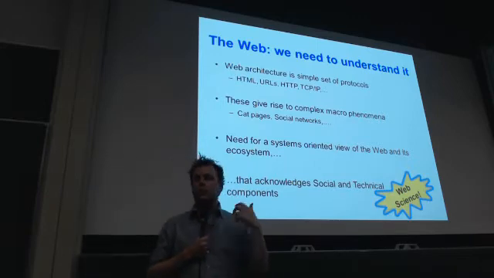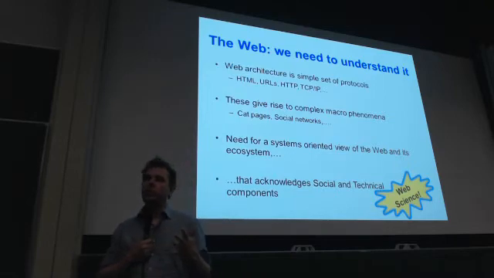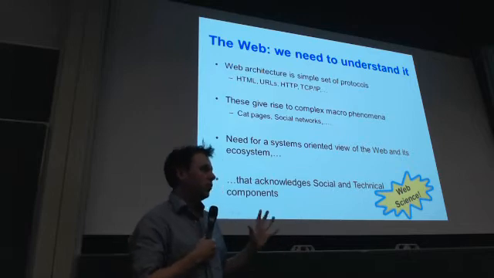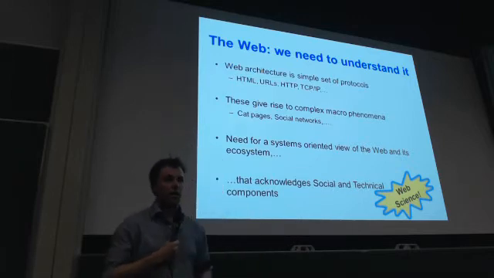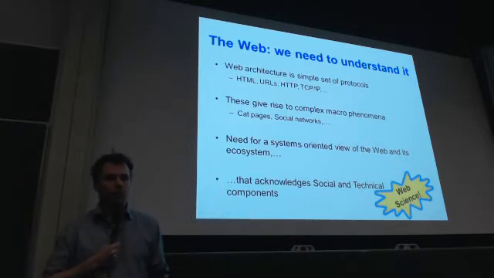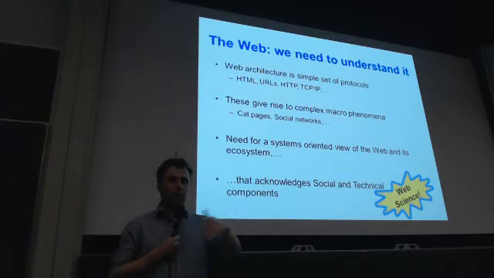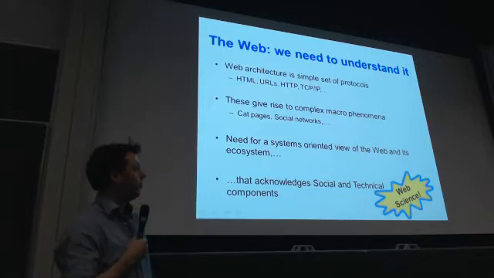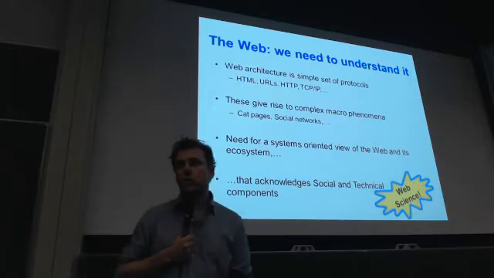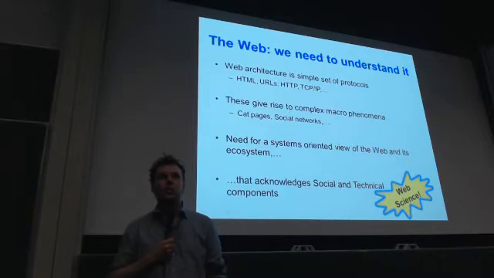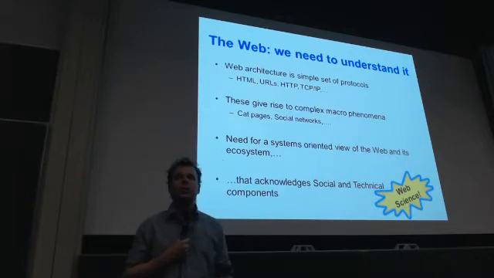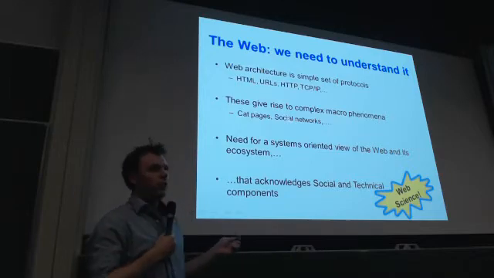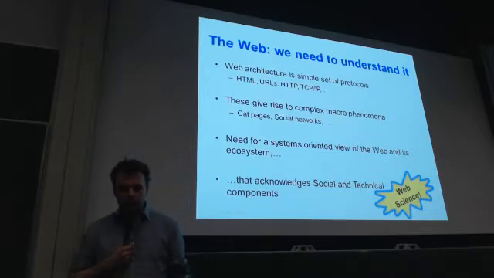It's people doing wonderful and horrible things on the web, and really interesting social effects turn up on the web, right? From cat pages, we talked about cat pages a lot. This is an interesting phenomenon that didn't exist before the web or social networks. The way that we interact with each other as humans, as biological beings, completely changed through the web, and that's all made possible through a set of fairly simple protocols and technologies.